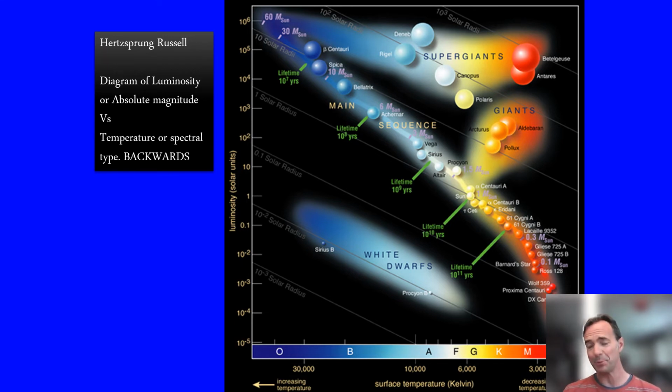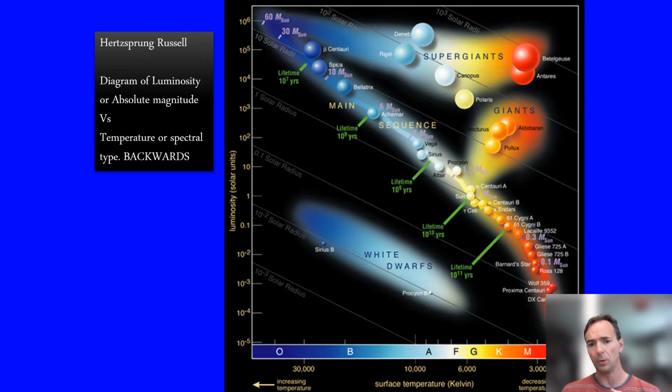So the temperature is the highest towards the origin and lowest away from the origin. And you can see both are logarithmic scales, which means in luminosity units you go from 10 to the minus 5 up to 10 to the 6. So you can see the range of stellar luminosities is quite large.